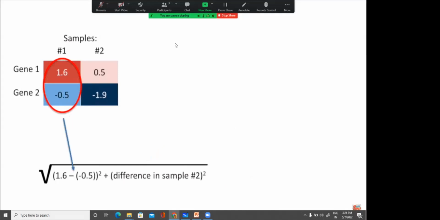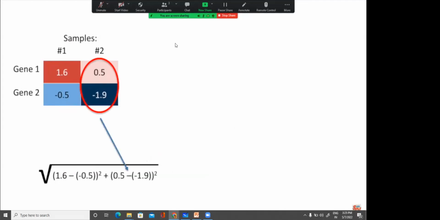We have 1.6 minus negative 0.5. Now let's plug in the values to calculate the difference in sample number 2. We have 0.5 minus negative 1.9. Doing the subtraction gives us the square root of 2.1 squared plus 2.4 squared.